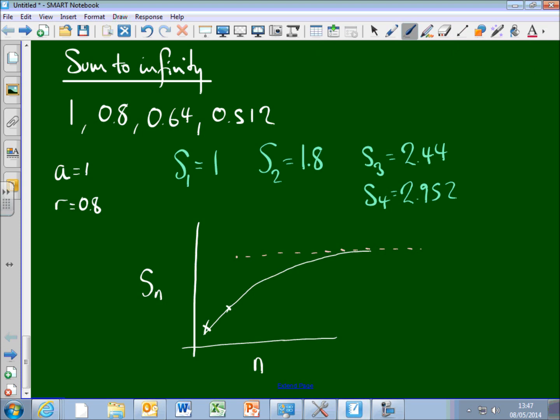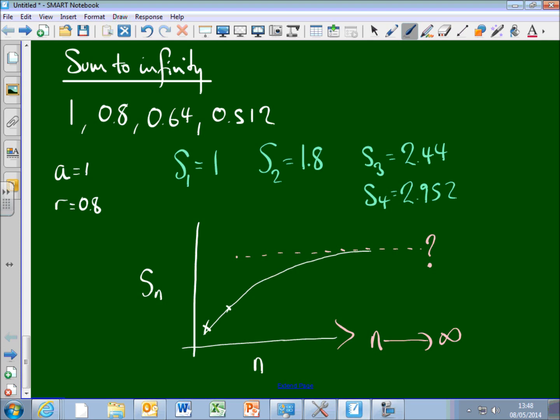Okay? Now the bigger n gets, S of n gets to that number. And if I let n go all the way this way to infinity, as far to the right as I possibly can, then S of n will reach whatever this number is here. Okay? So that's the idea. We're doing something called a sum to infinity now.